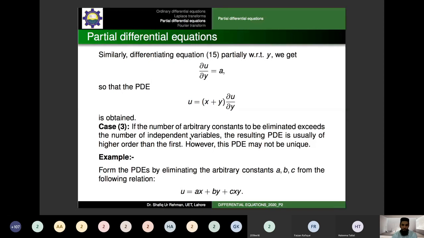We have seen in case number 1 that the outcome is first order.